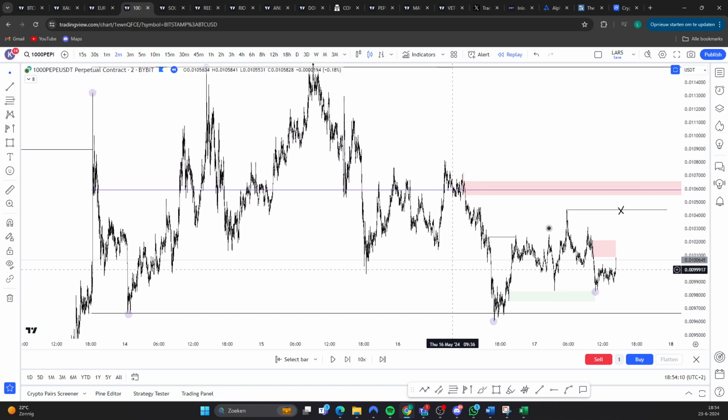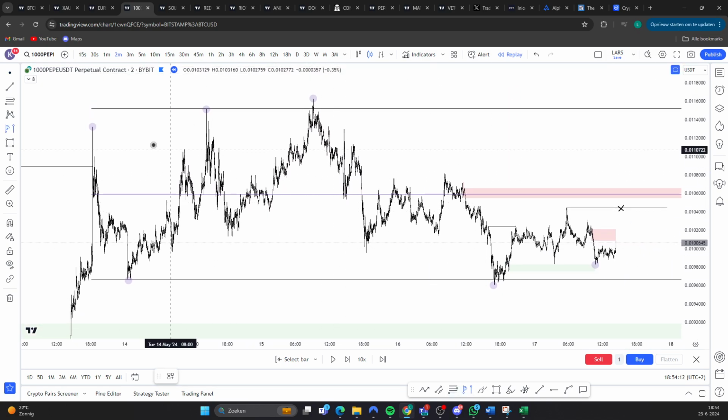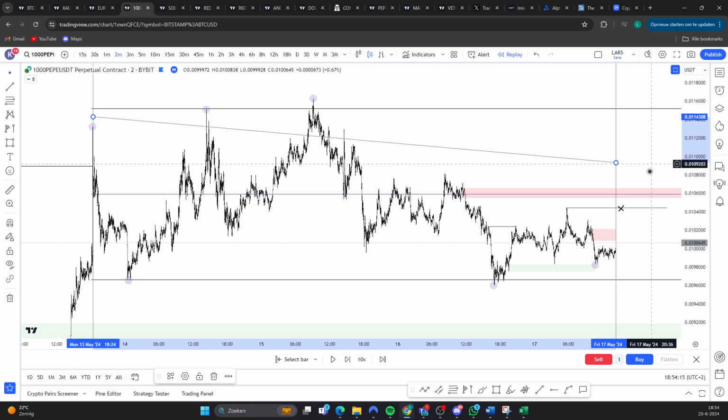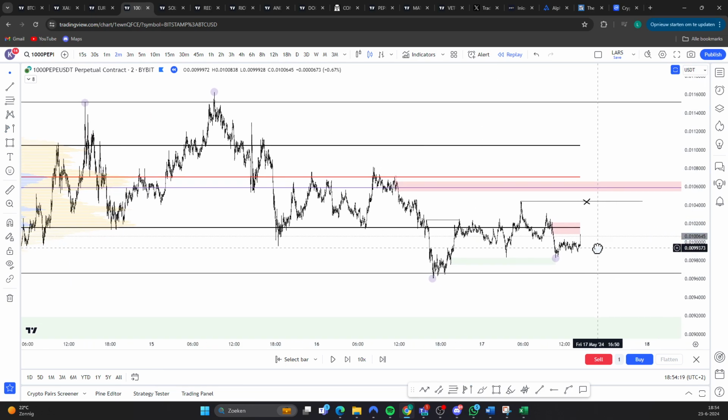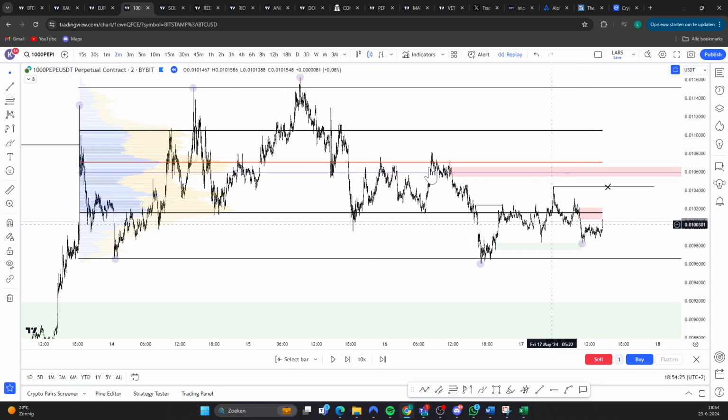We have to keep in mind that we have not broken that structure or that volume area low. This is a key area, very key area, volume area low in supply. So let's see.